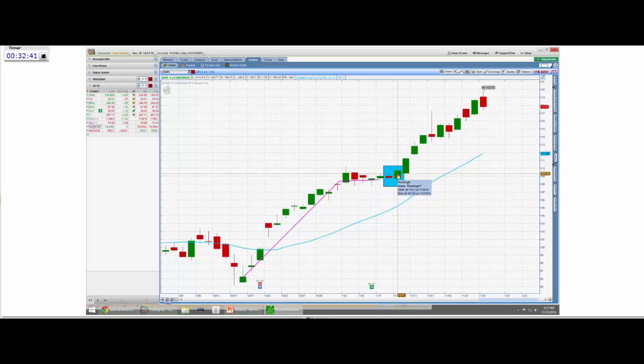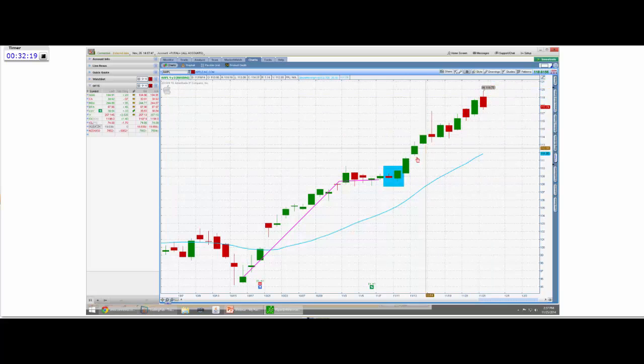You have a high of 109.75 and a low of 108.71. So what is that? $1.04 risk on your trade, for what potential profit? If you got in here, it would have been just above 109.75, and we're at 119.75.